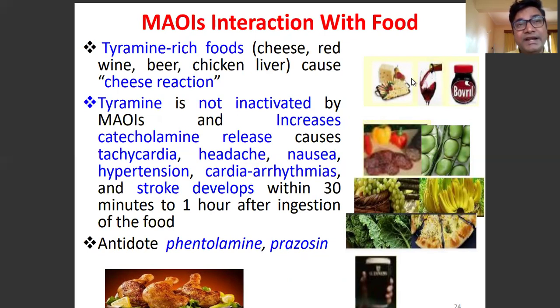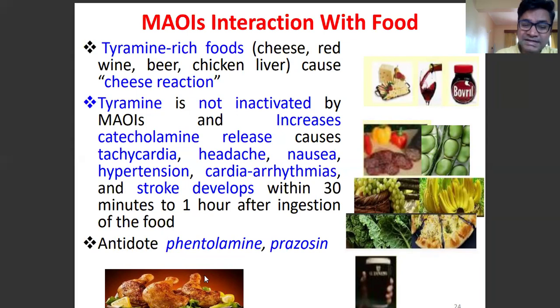I was telling the second function of MAO is that toxic metabolites present in our food will get metabolized. So these are the toxic amines in foods like meat, beans, banana, grapes, pizza, spinach, beer.